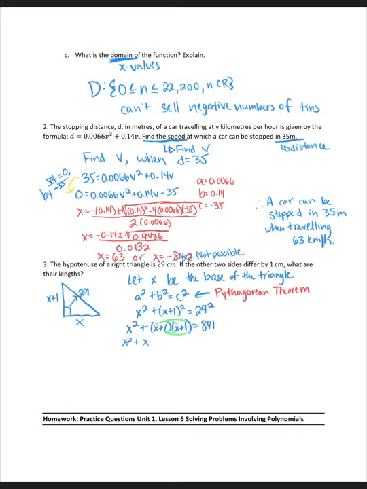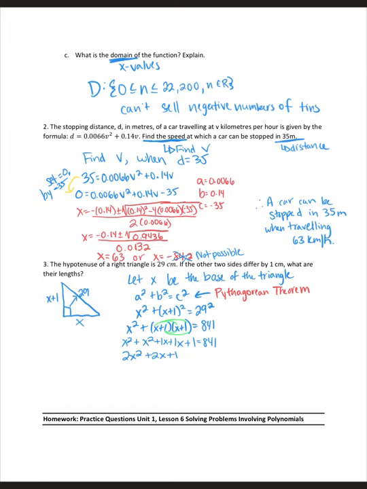So x times x is x squared, plus 1x, plus 1x, plus 1, equals 841. So I'm going to start combining my like terms. x squared plus x squared is 2x squared. And I have x plus x, that's 2x, plus 1.